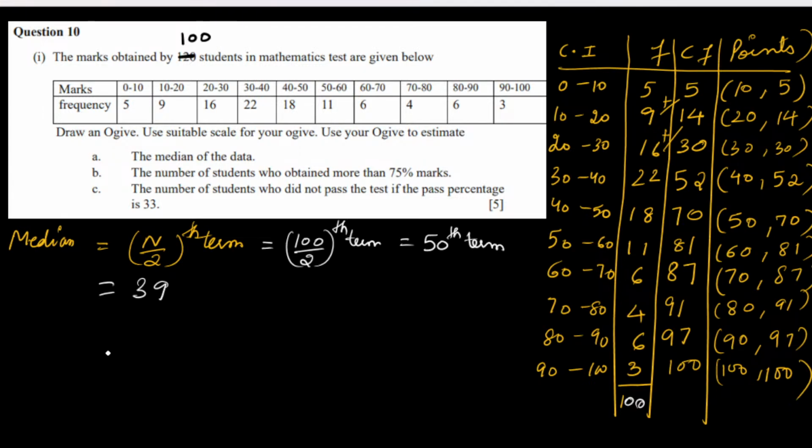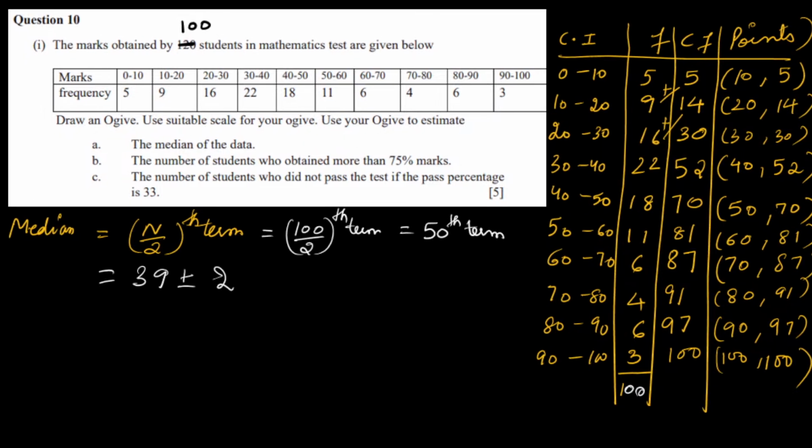Plus and minus 2 units are acceptable because the graph scale is 1 unit. 38 is also acceptable, plus minus 2 units is fine.